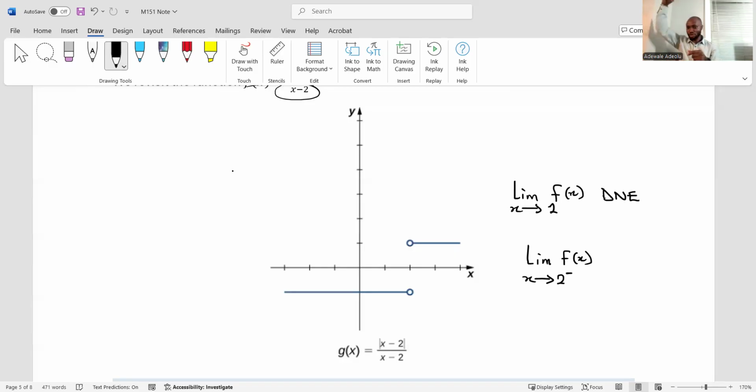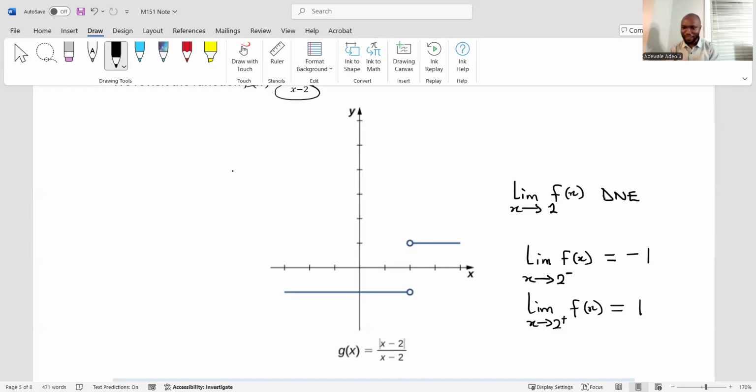That negative sign on top means we look at it from the negative side. In this case it is -1. And we can also talk about the limit as x goes to 2 from above, or from the positive side, of that function, which is +1.